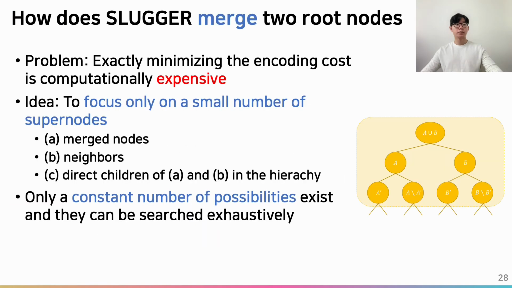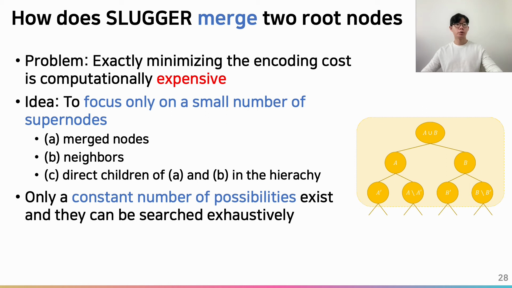To select the best root node pair among candidates, SLUGGER needs to compute the amount of saving by temporarily merging pairs of root nodes. Moreover, when two root nodes are merged, H edges, P edges, and N edges need to be temporarily updated so that the encoding cost is minimized. However, even when the hierarchy between supernodes is assumed to be fixed, it is still computationally expensive to exactly minimize the encoding cost.